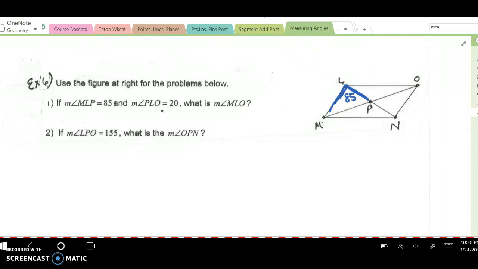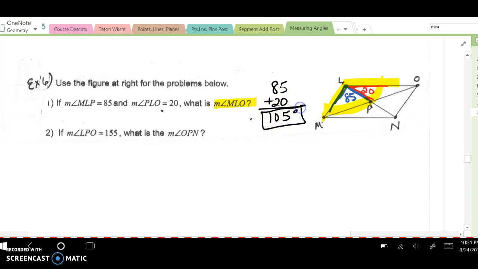And P to the L to the O is 20 degrees. The question is, how much is M to the L to the O? That would be the red and the blue angles combined. So I would use the angle addition postulate, part plus part equals whole, to add the two angles together to get 105 degrees.